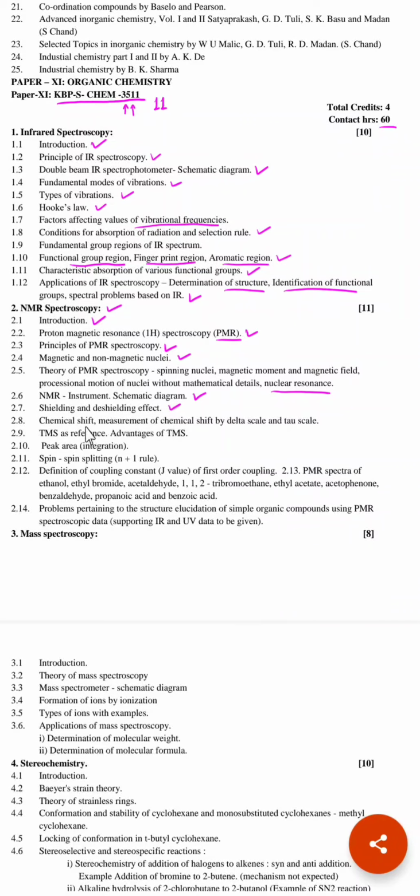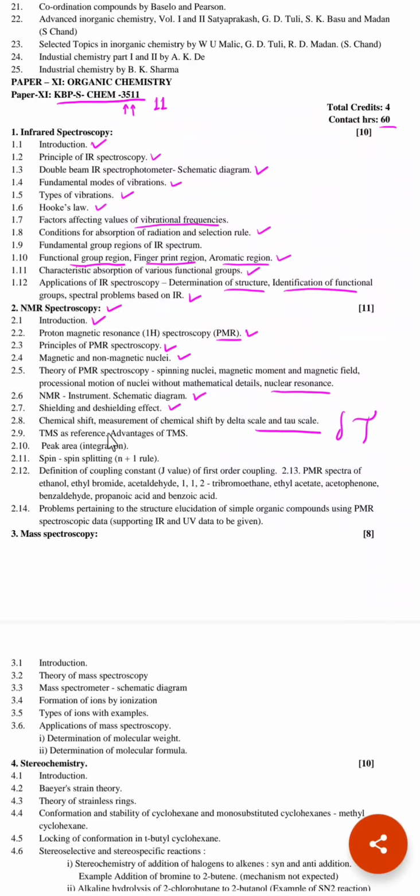After shielding and de-shielding, we will see chemical shift, measurement of chemical shift by delta scale and tau scale. These are the two scales used in NMR spectroscopy, that is delta scale and tau scale. We will see how they are represented in the NMR spectrum and what is the difference between delta and tau scale.